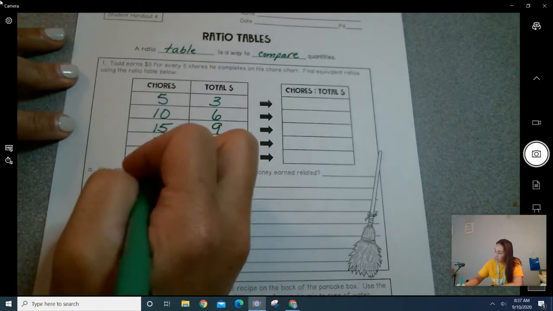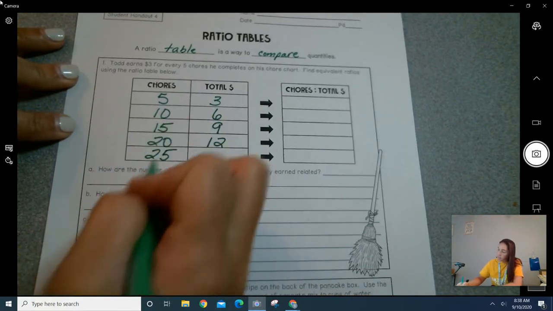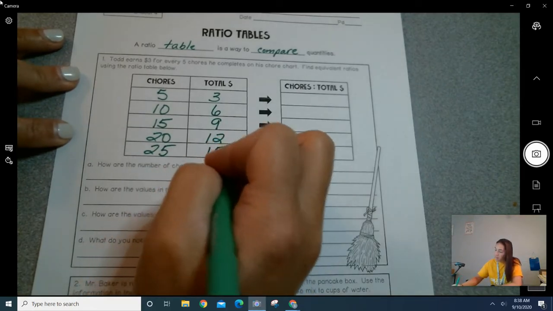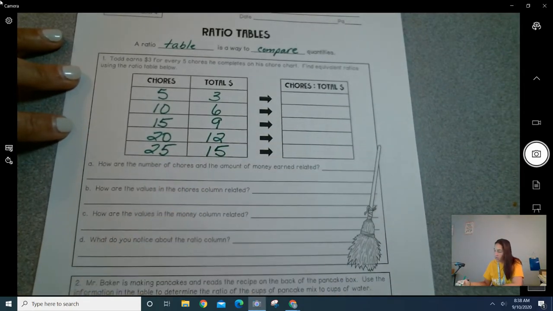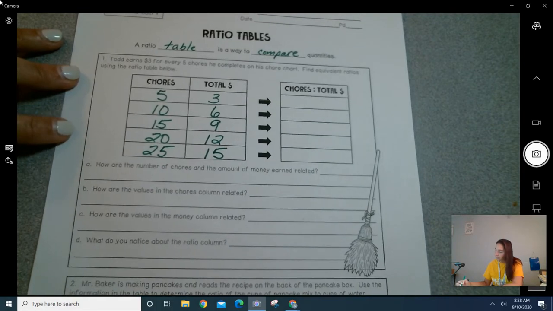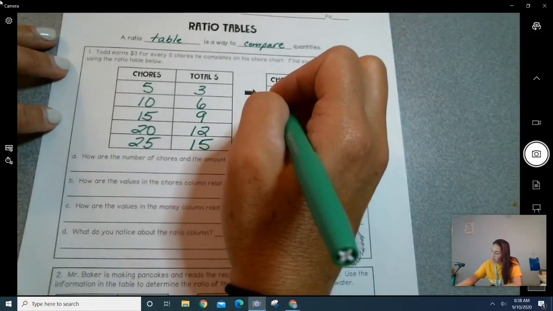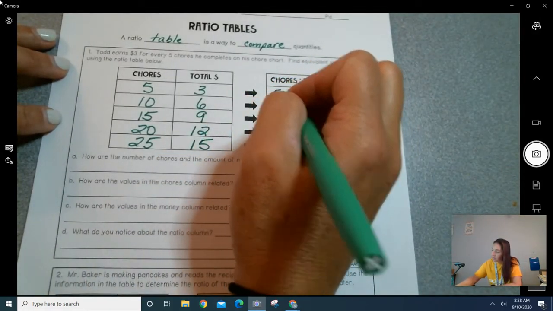And then to finish out this table, we're going to do 25 chores and $15.